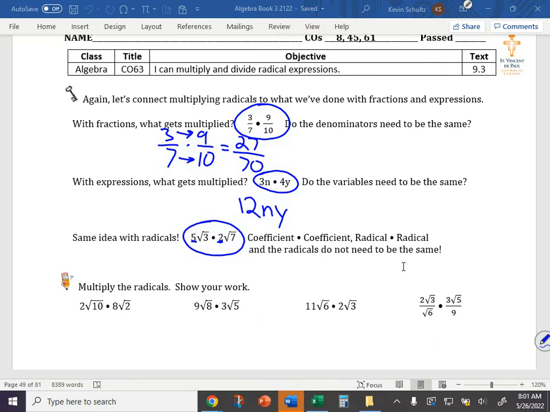So 5 times 2 would be 10. And then the root and the root get multiplied, just like the denominators of a fraction. Your final answer would be 10 root 21. If you can simplify, you can. In this case, you can't. And so this would be your final answer.